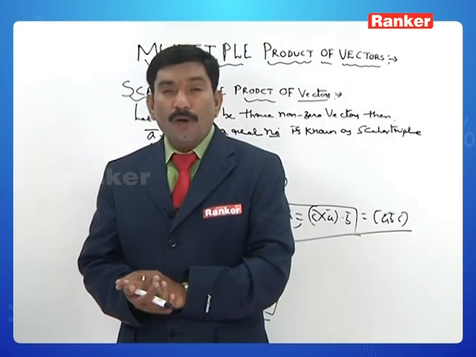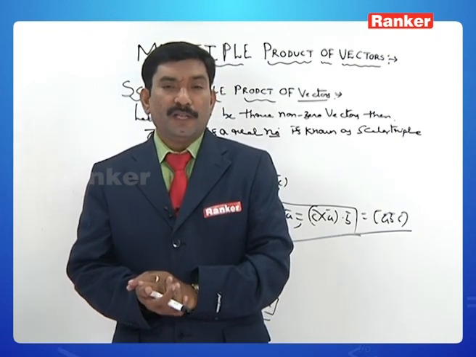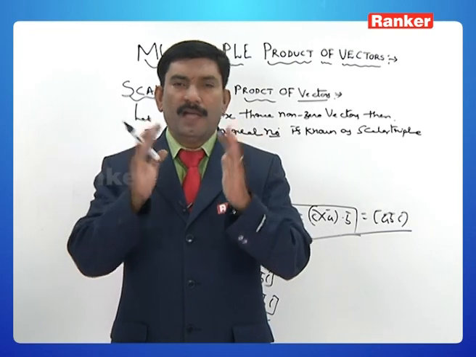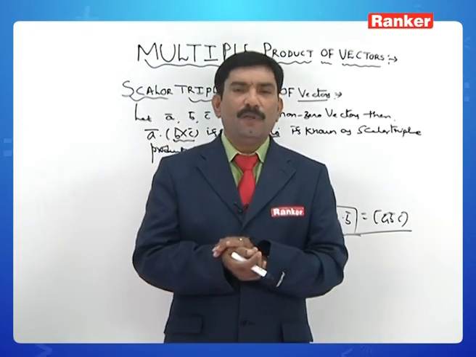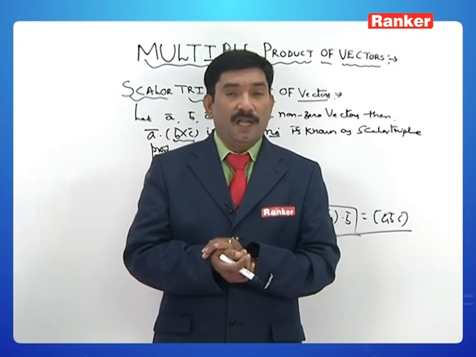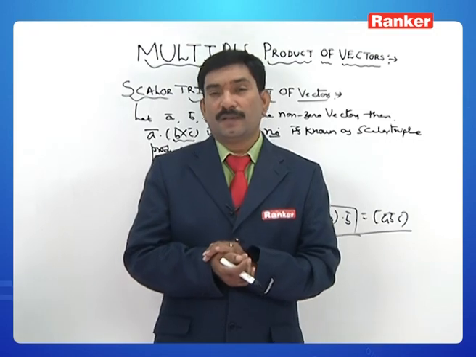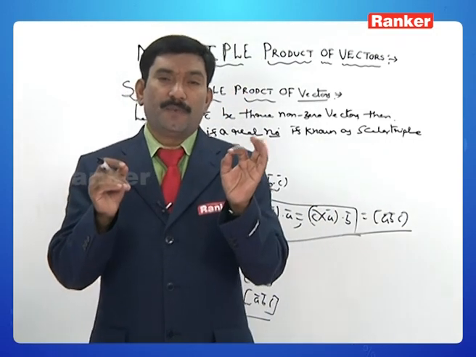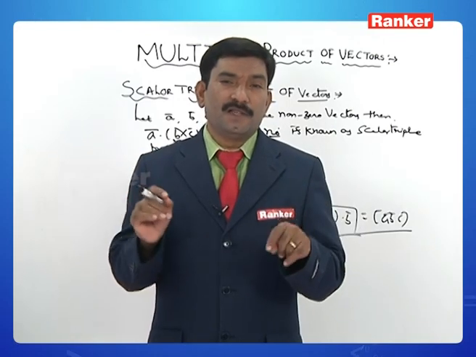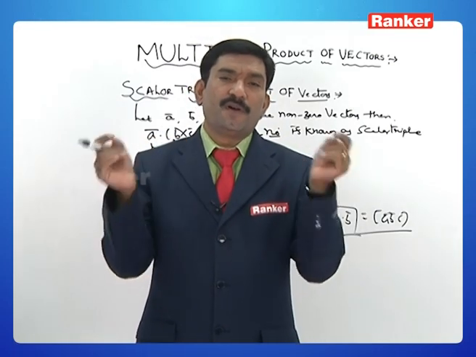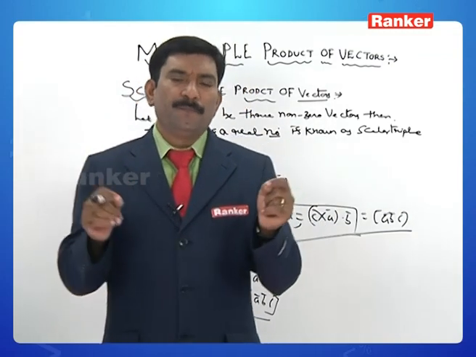Yes, now as I told, the scalar triple product has many more applications. That is, box of ABC can be interpreted as the volume of a parallelepiped or the volume of a tetrahedron. As we already came across in the dot or scalar product, its geometrical representation is the projection of A bar on B bar or projection of B bar on A bar.